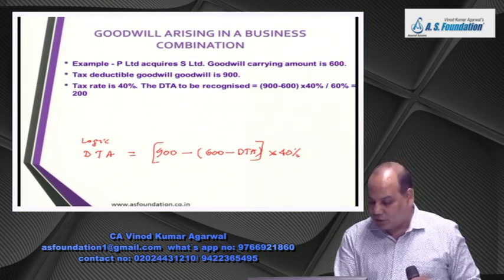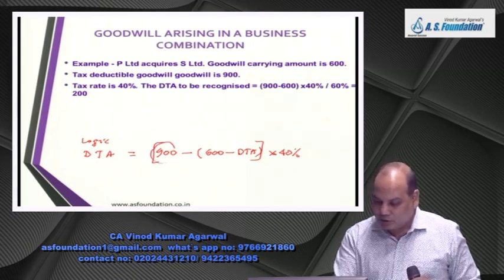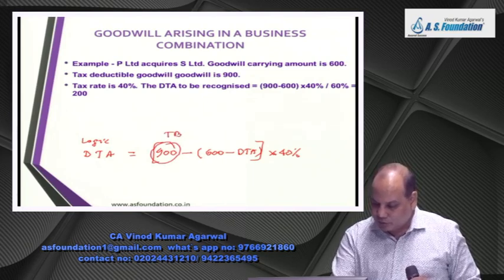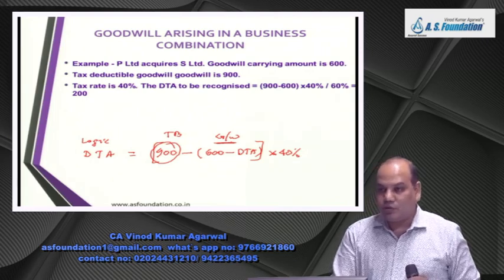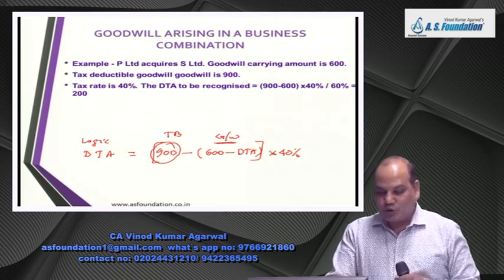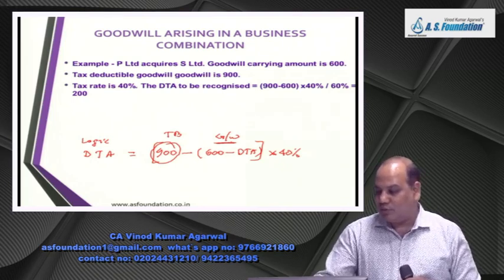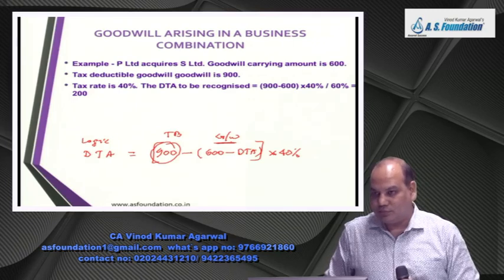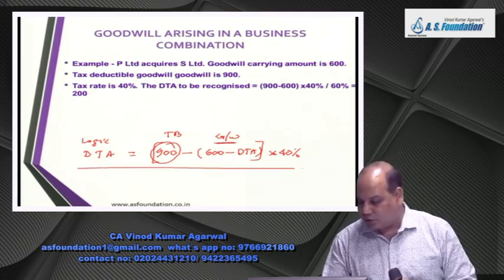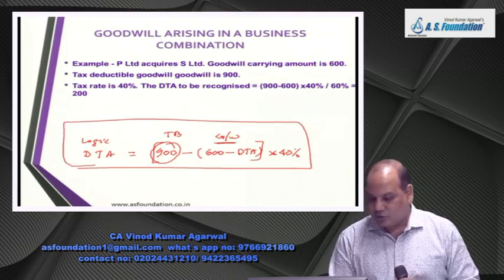This is the tax base, 900 tax base. This is the goodwill after recognizing the DTA, and that difference into 40% should give me DTA. You can go home and solve the equation. You will get the answer of how much? 200.